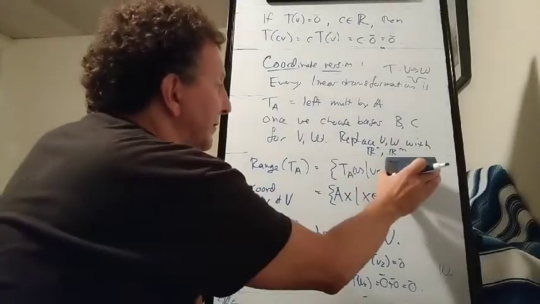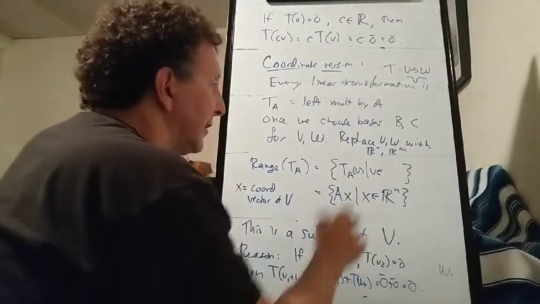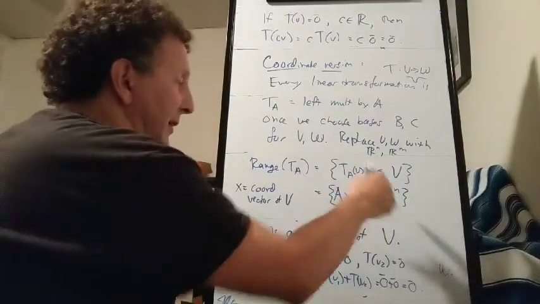And actually, I guess I should say v is really in the vector space capital V, and its coordinate vector is really in R^n.